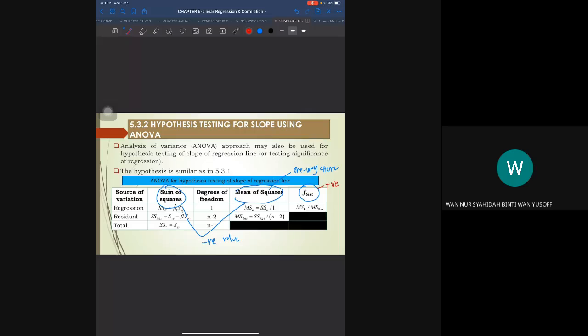This you have to know, so that you will not panic if you have a negative value. When we go back to chapter 4, one-way and two-way, all the values must be positive. But for this case, sum square and mean square, sometimes you will get negative. Why? And it is okay to have negative.